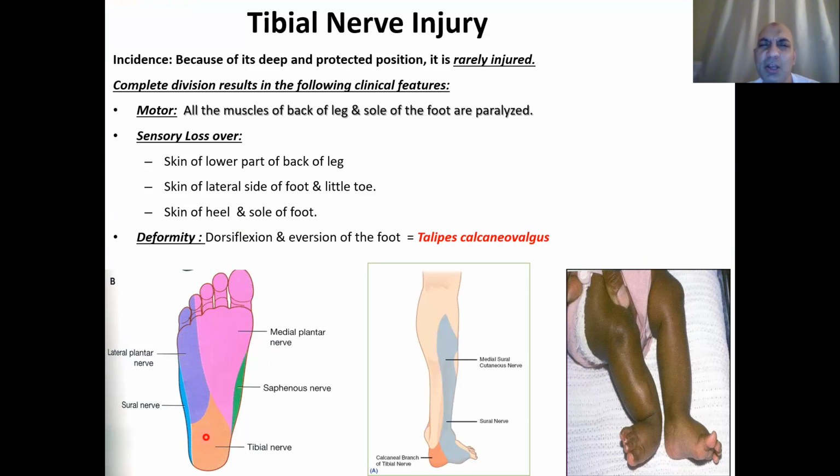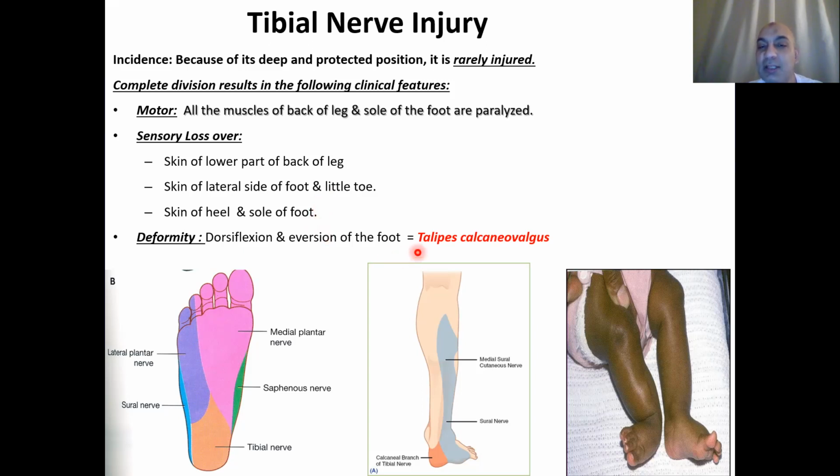It is rarely injured. If there is injury, there is paralysis of all muscles of the back of the leg and all muscles of the sole of the foot. And there is loss of sensation in the lower part of the back of the leg, the lateral aspect of the foot, including the little toe, and the skin of the heel and the sole of the foot.